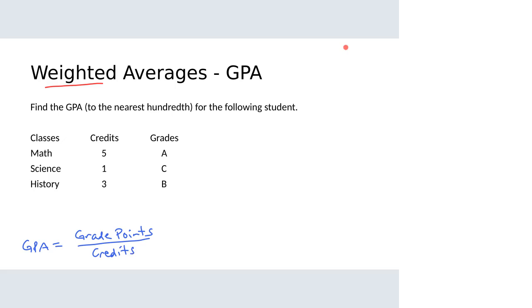Okay, so where do these grade points come from anyway? Well, you may be aware of this already, you may not, but you get a certain amount of grade points per credit based on the grade that you earn. So grade points per credit.